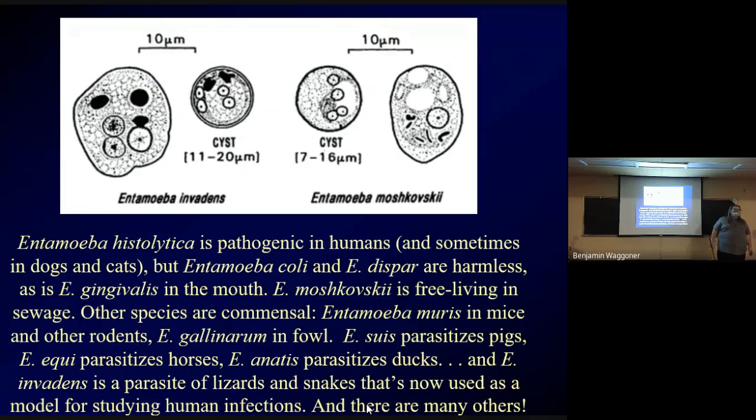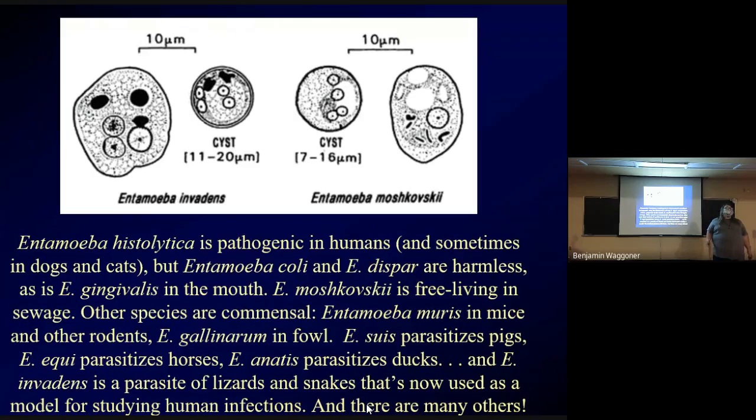Entamoeba invadens is a parasite of lizards, which might not seem that interesting, but it's now used as a model system for studying human infections. You can infect a bunch of lizards and then do experiments on them. And there's lots of others. You can see from the scale bar, they're not that big. 10 microns makes them kind of annoying to work with.